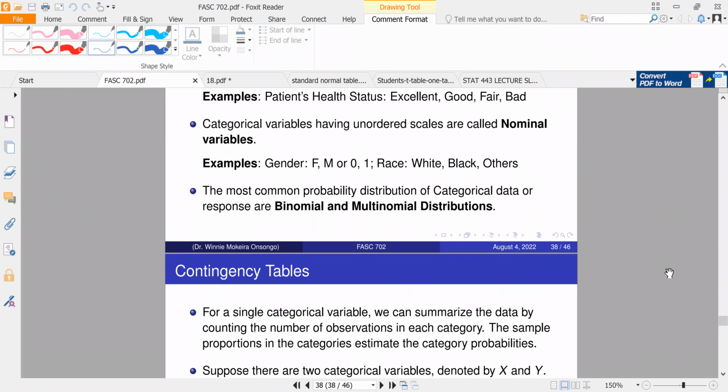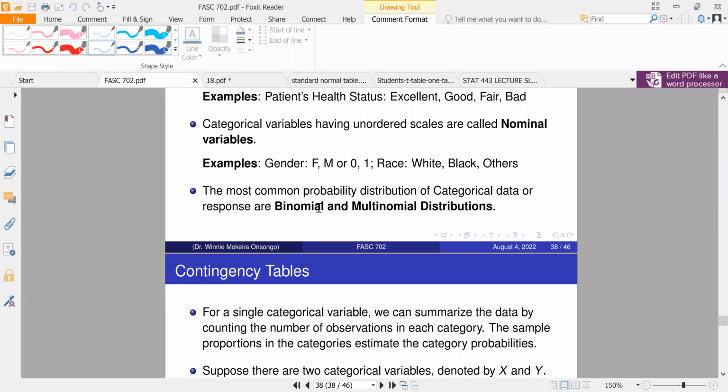most of the time, for example, if your variable is gender, you are either male or female. Now these types of nominal variables exhibit binomial and multinomial distributions. Remember, for binomial distributions, this is a scenario where the outcome is either a success or a fail, depending on what you're looking at.